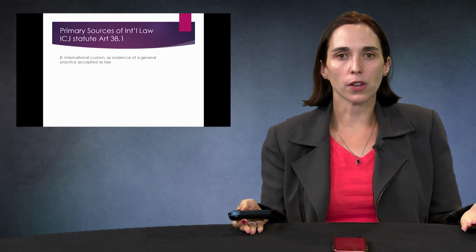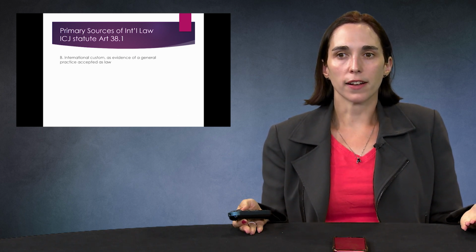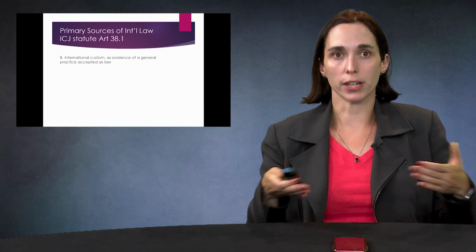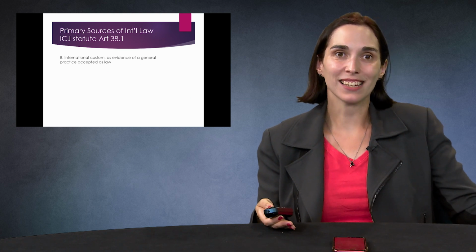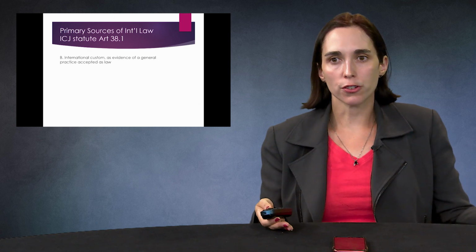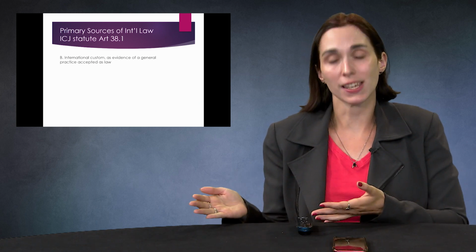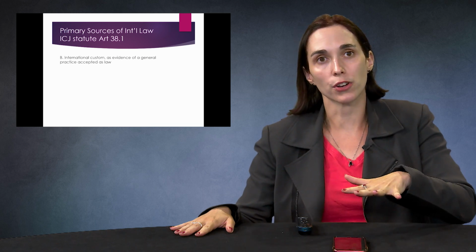When it comes to the use of UN resolutions, you will see some scholars make the argument that if a UN resolution is agreed to and negotiated among states, even though it's not a treaty, it's not ratified, so it's not binding law in and of itself, but states have negotiated and agreed to it, and then behavior changes in conformity with that UN resolution, then you can argue that the behavior becomes the consistent state practice, and the resolution that changed the behavior is the evidence that states changed their behavior because they believed that they were bound to do so.